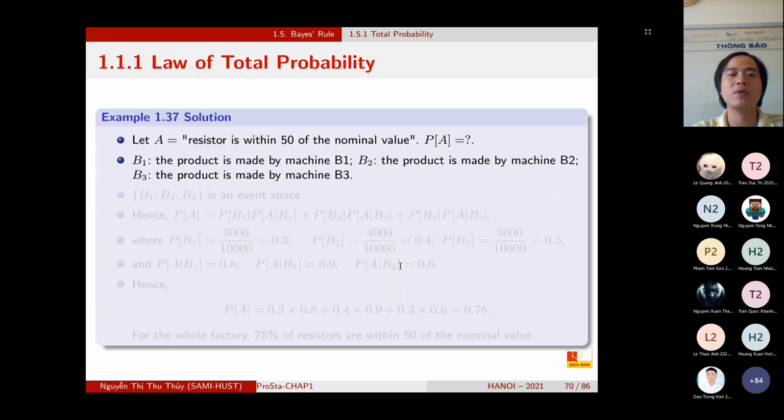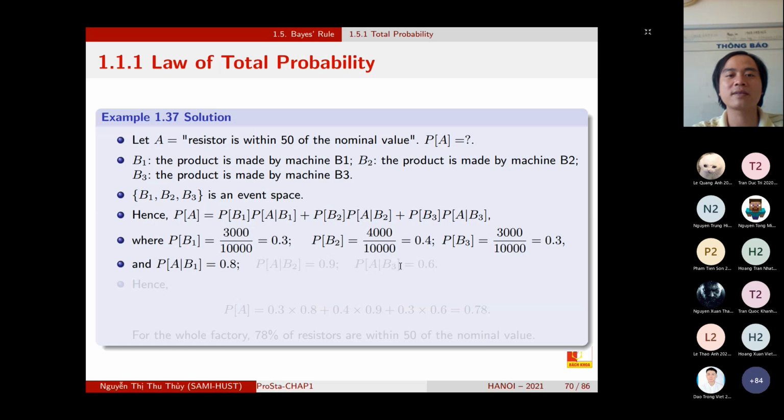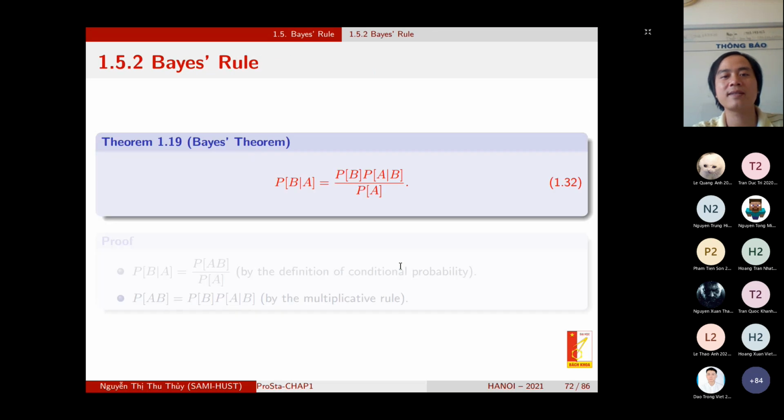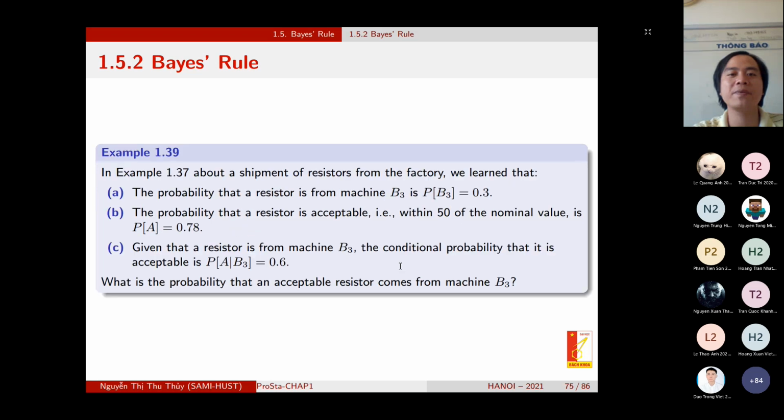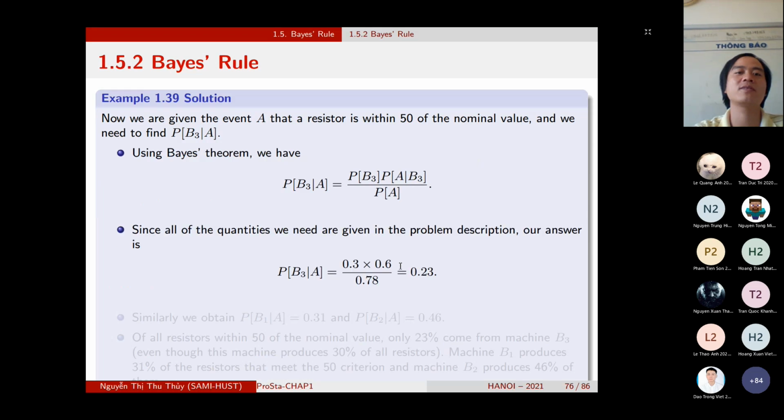That's why, with the new information that the product is acceptable, the probability that it comes from machine 3 decreases to 23%. For machine 1, it increased a little bit: at the beginning it's 30%, but now it's 31%.